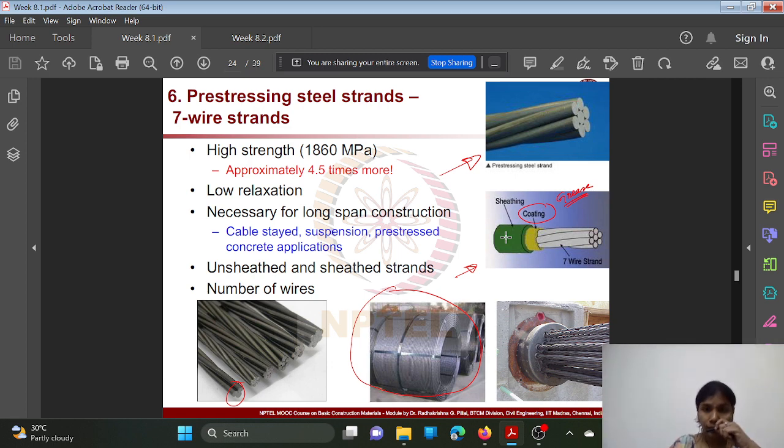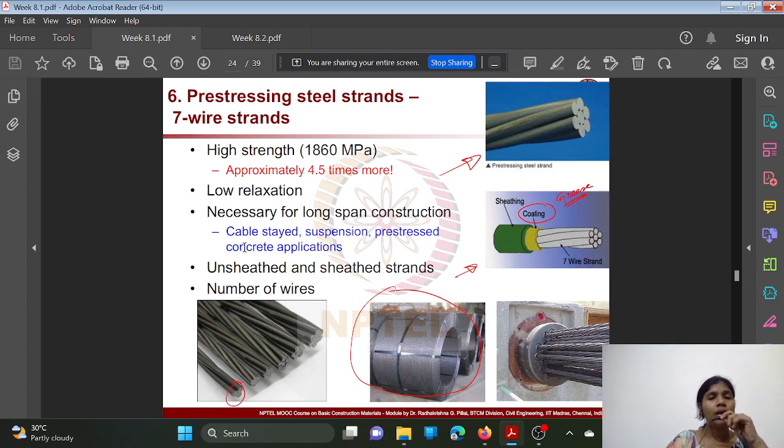Okay, hollow pipes. This is how it will be made, and this will be made as coils of huge lengths, because suppose if you go for construction of a flyover, then you require higher lengths, right? So that's why it is made like this instead of cutting it into meters or centimeters.